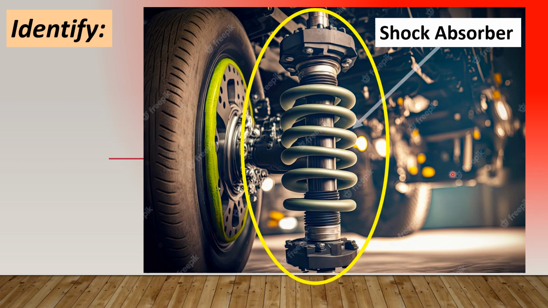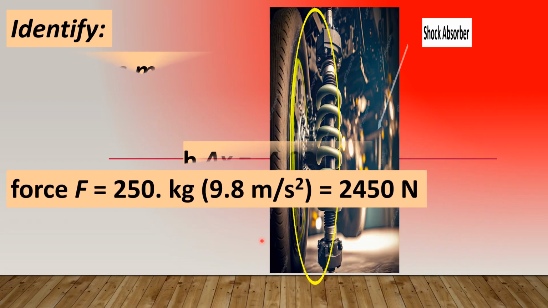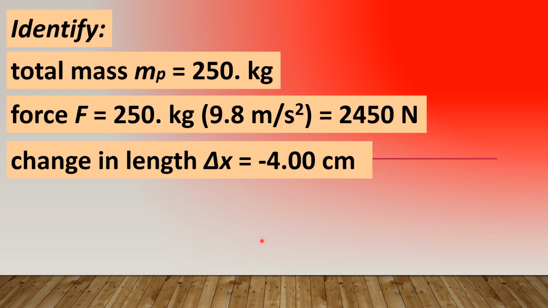Alright, so this is the picture of a typical shock absorber of a car. According to the question, this is already a worn out shock absorber. We're also given the change in the length, delta x, equal to negative 4.00 centimeters.